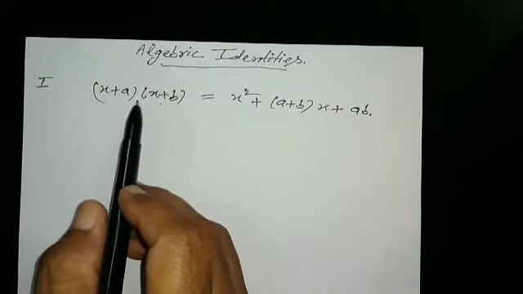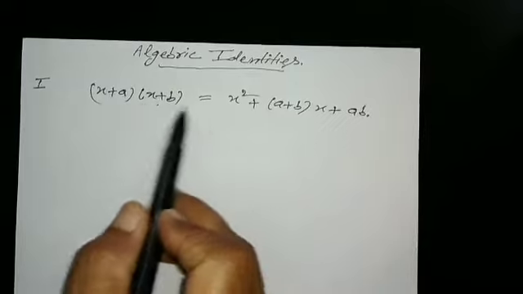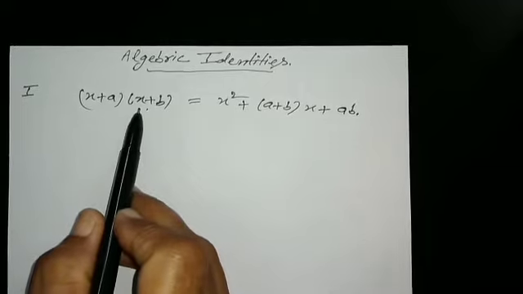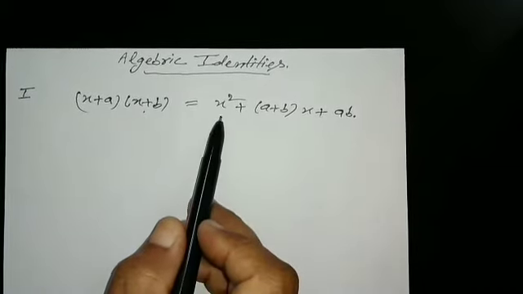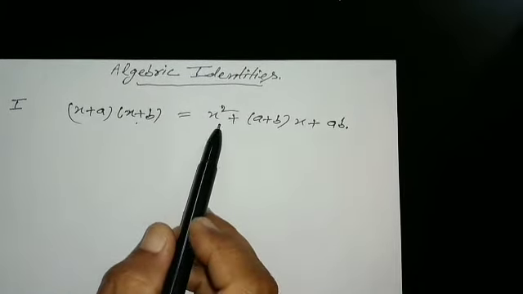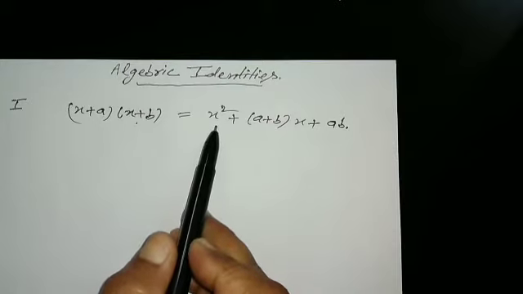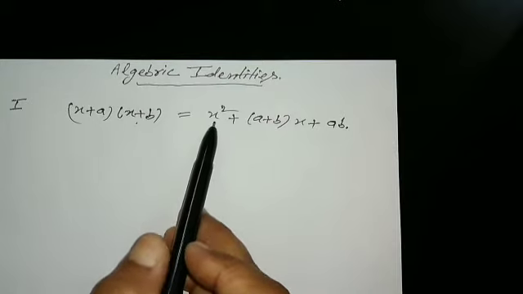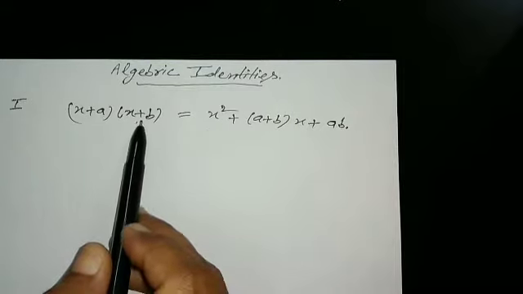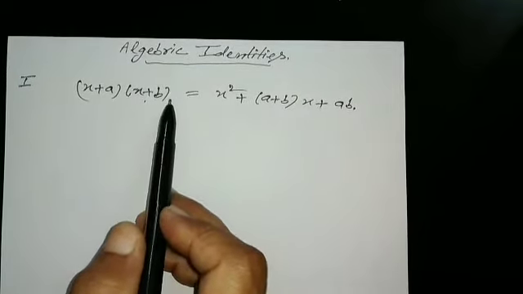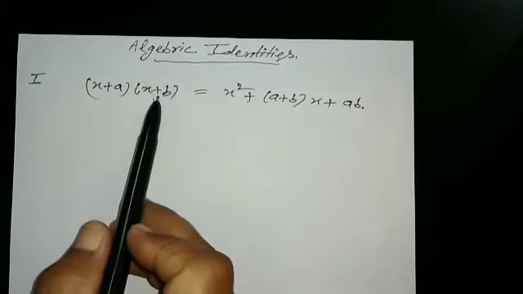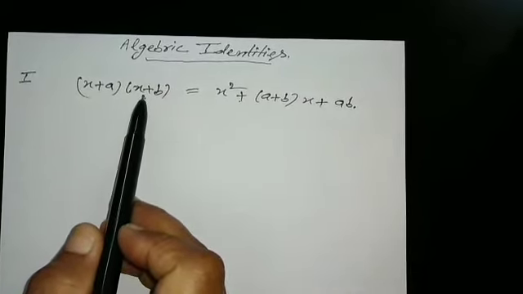If the factors are given and we have to find the polynomial, then we multiply these factors and we get the polynomial. But if a polynomial is given and we have to factorize it, then we have to follow the reverse process of multiplication. So the reverse process of these identities is used.